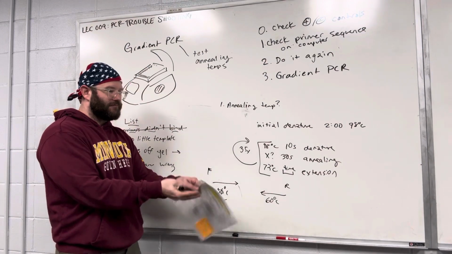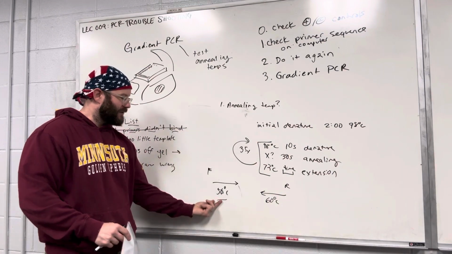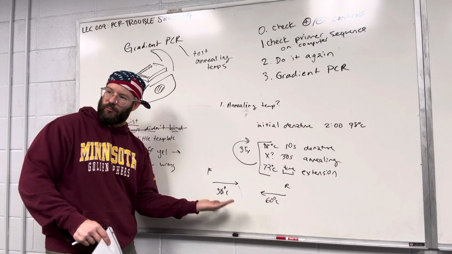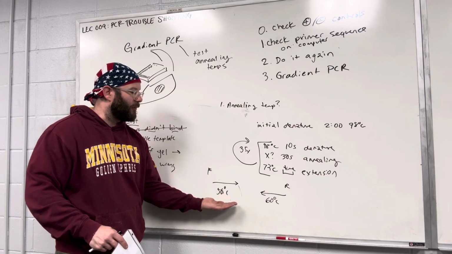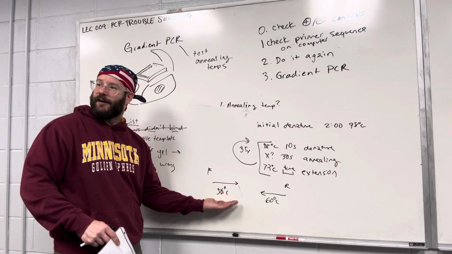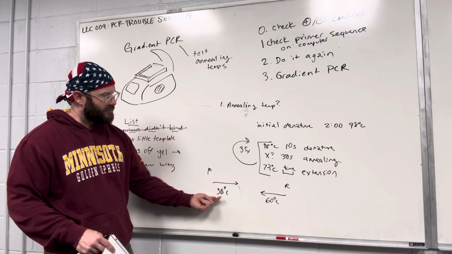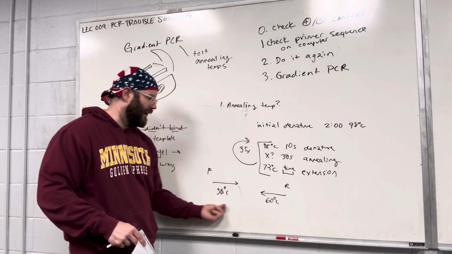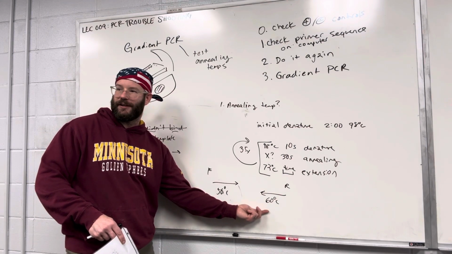So heating things up makes them pop apart, right? And so 56 is the exact temperature at which this thing will bind pretty tightly to the DNA. So if you go above that, what will happen? It'll separate. Yeah, it'll start to loosen up, okay? So I always choose the lower of the two because you know that this one can bind at that temperature, whereas this one cannot bind at that temperature, in theory, okay?